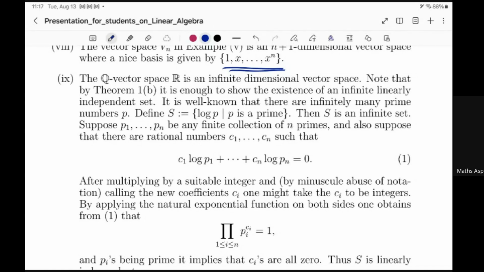You cannot go down really if you want to reach a basis. So that is one way of proving that a vector space is infinite dimensional. So that is what we are going to prove.